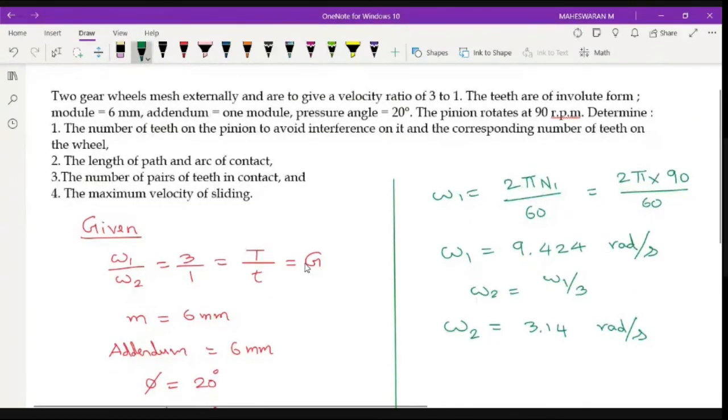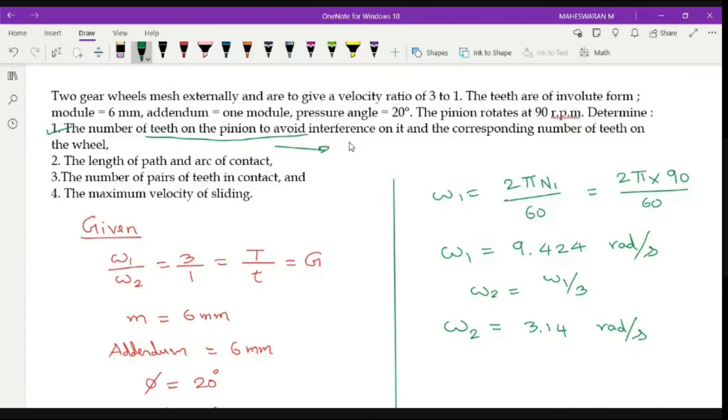Let me go one by one. First, I have to identify the number of teeth for pinion and corresponding for wheel. In this case, no need to repeat this for both. Any one is enough because we have the gear ratio. Based on this gear ratio, we can identify the number of teeth for wheel. So finding the pinion is enough, and for the wheel we automatically use this formula. If I identify the first one, what will be the data required?